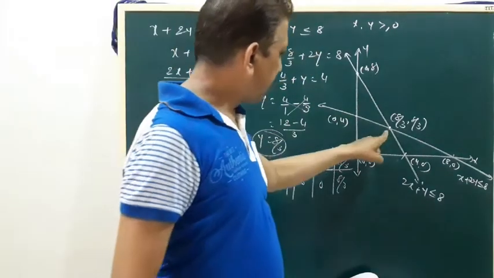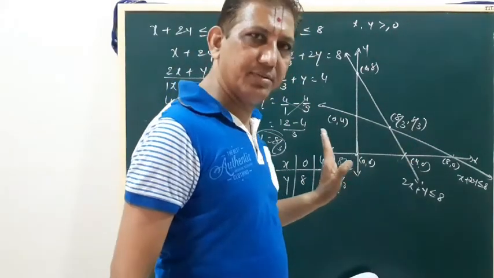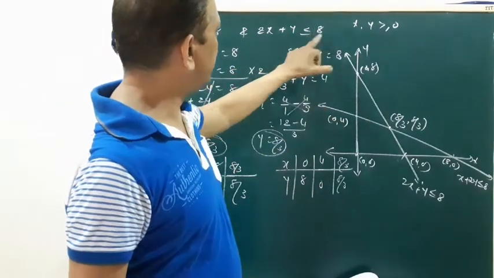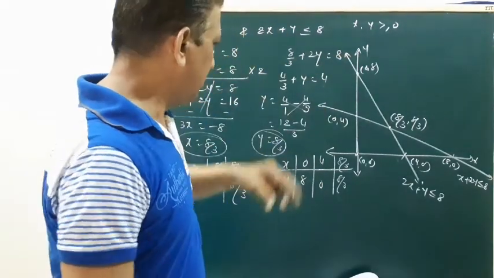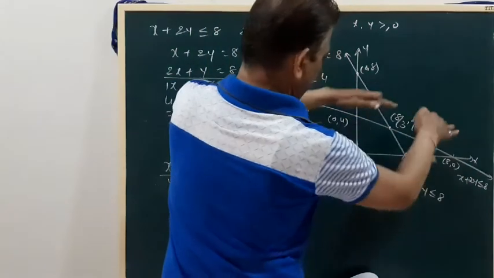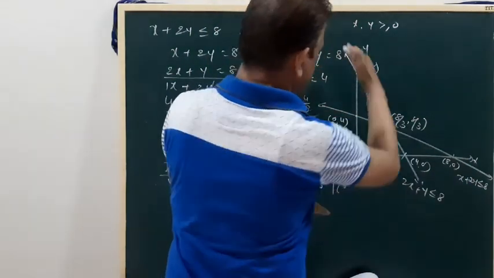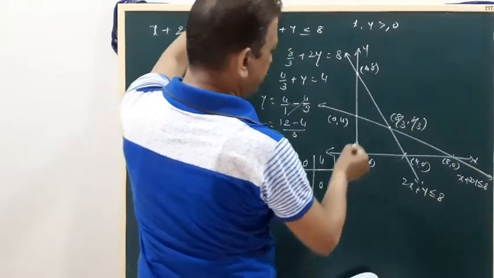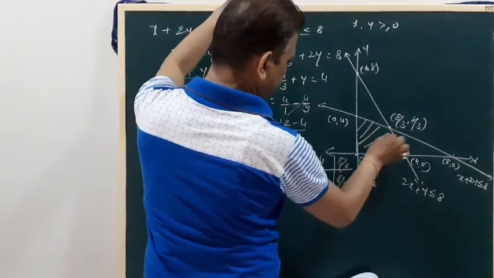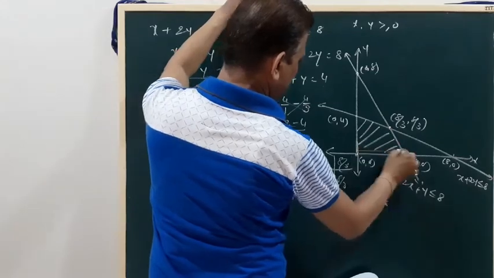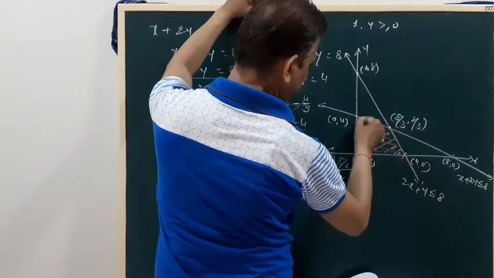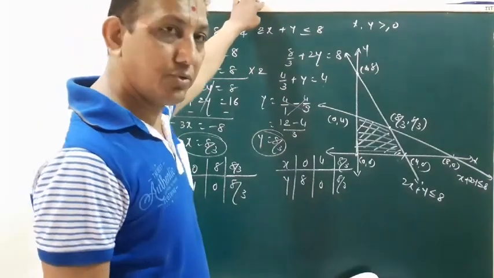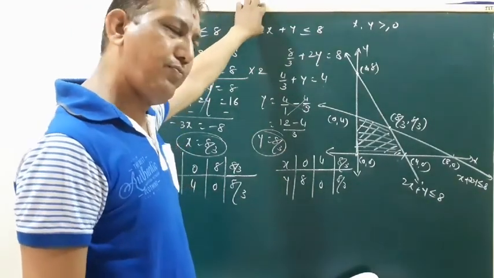So we can directly write the intersection point because we already found it. Now check our condition, (0, 0): 0 is again satisfying 8. Okay, so the first line lower part and the second line also lower part. So which portion is the common? This one is the common portion. Okay? Did you understand? So this is your graph.